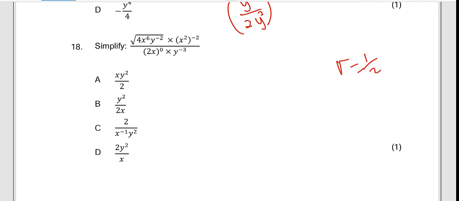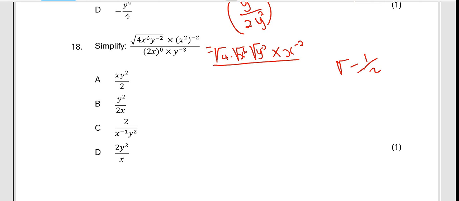So let's start. The answer is going to be the square root of 4. Let me write like this so that you can understand. It's going to be the root of 4 times the root of x to the exponent of 6 times the root of y to the exponent of -2 multiplied by x to the 2 times -2, it's going to give me -2.